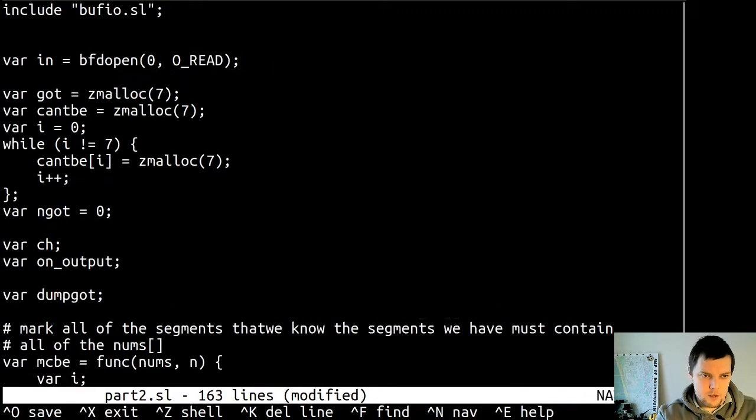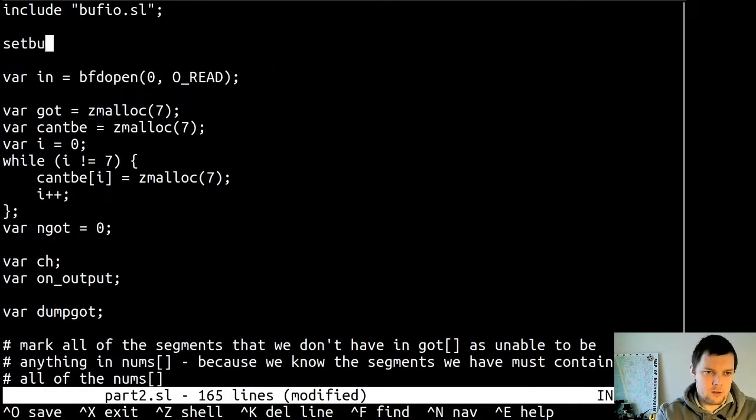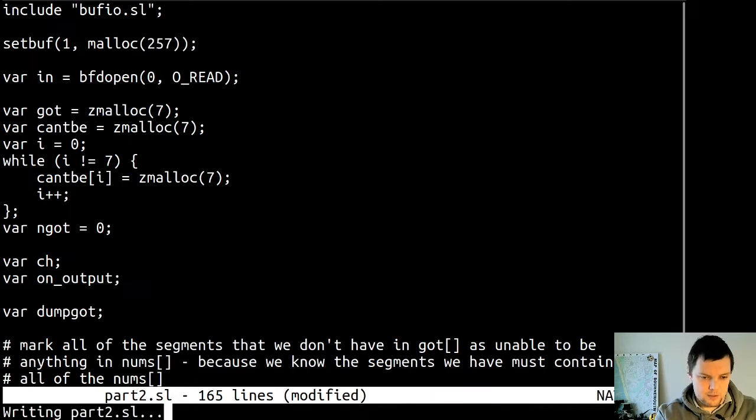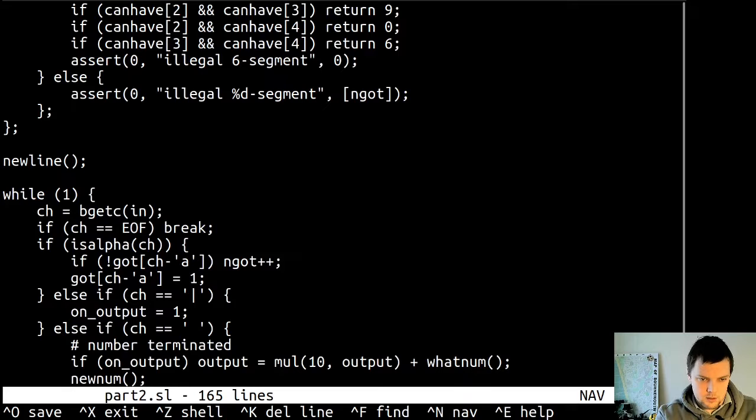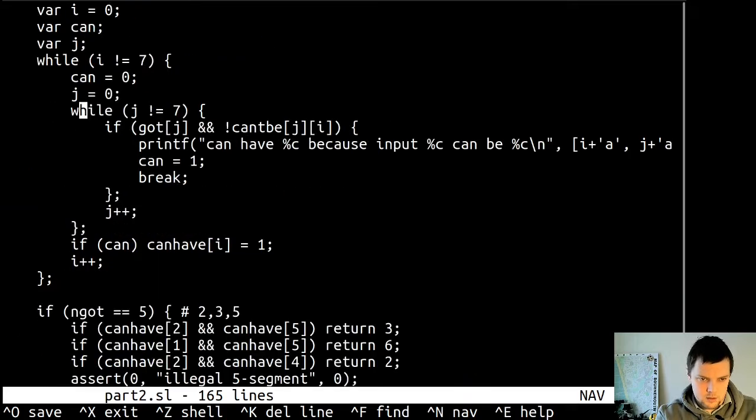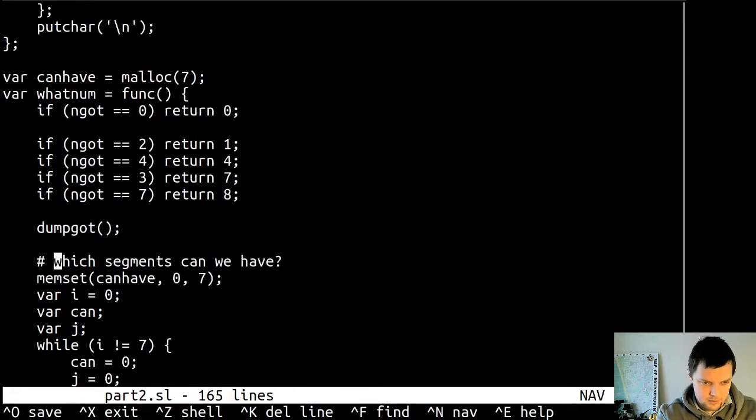Also, I remembered that I can do this to get some buffering on the output. It's not the best buffering, it's not as good as buff.io, but it will help a little bit, maybe.